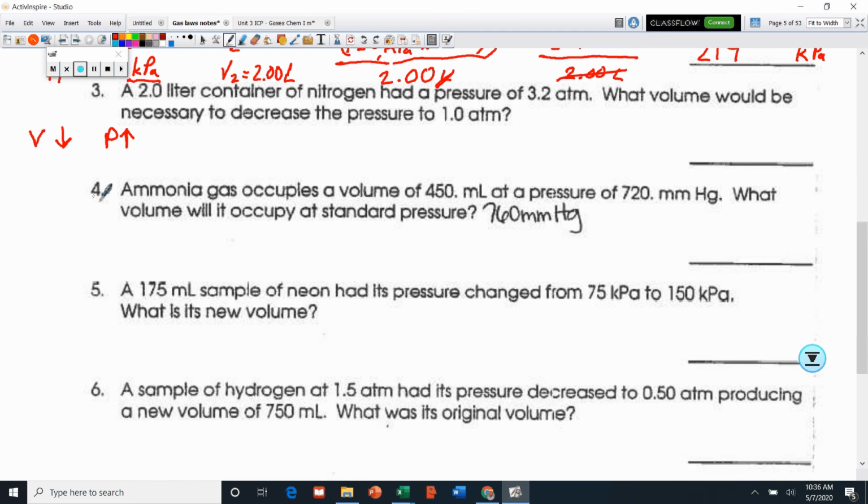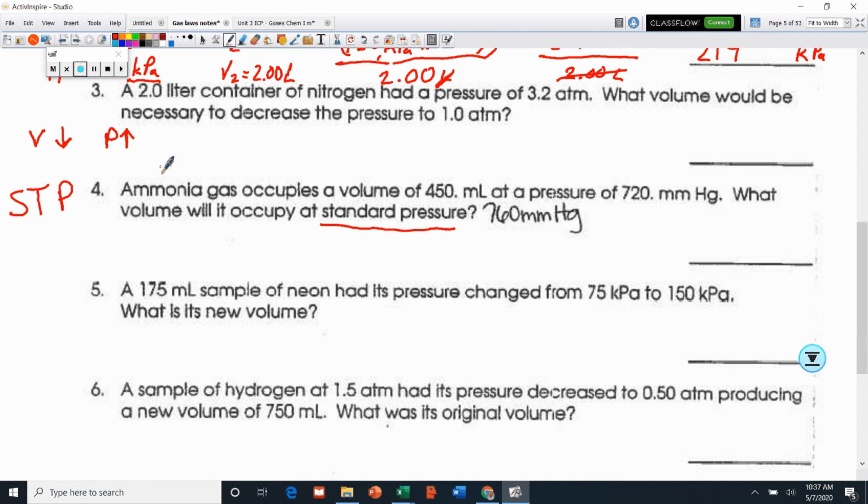Setup here. We have ammonia gas occupying a volume of 450 milliliters at a pressure of 720 millimeters mercury. What volume will it occupy at standard pressure? Now, frequently in gas law problems, we're going to see something called STP, standard temperature and pressure.